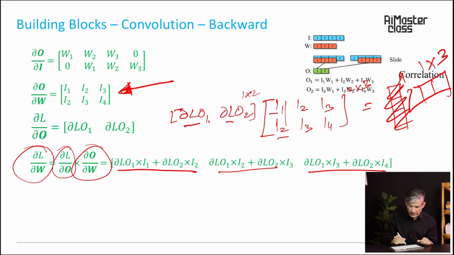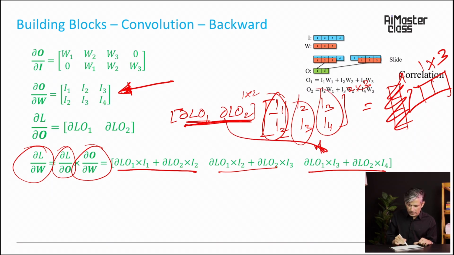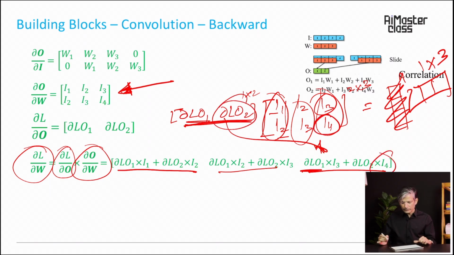So these are the dot products of this vector with the 3 columns 1, 2 and 3. For example, let's look at the last one. It's dou L/dou O1 into I3 plus dou L/dou O2 into I4. So it's simple, but now this is the fun part. Let's see what this becomes.